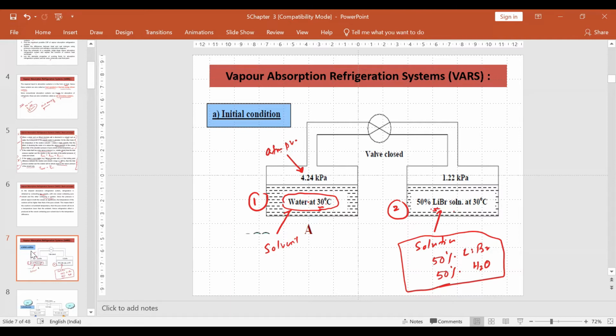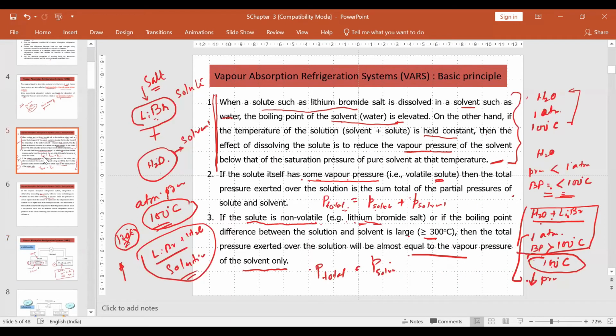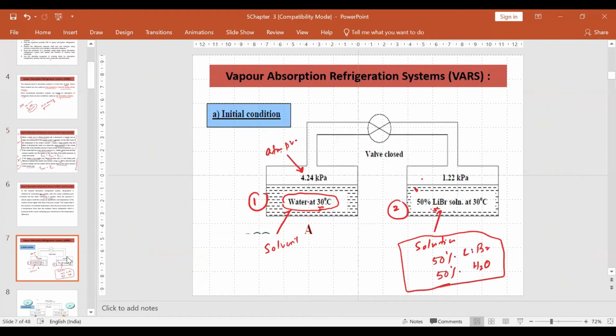If we add the lithium bromide, and the pressure is at 4.24, then this temperature definitely increases. Why? From this basic concept: when a solute such as lithium bromide salt is dissolved in a solvent, the boiling point is elevated. That means here this is elevated.